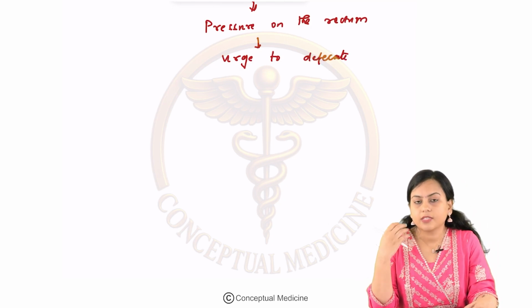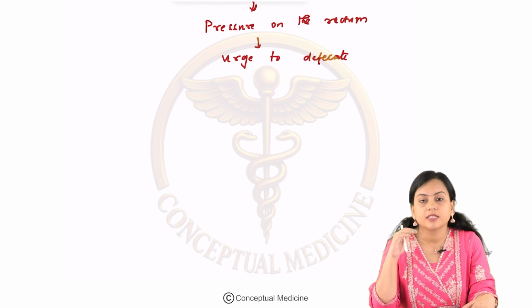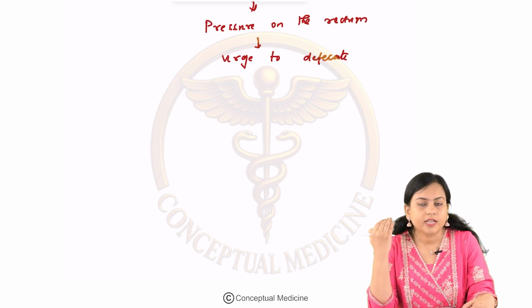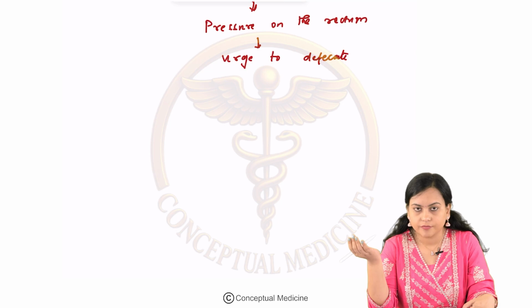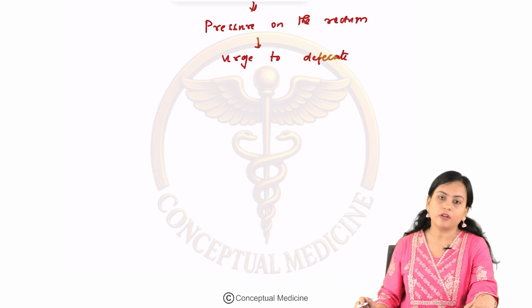Suppose there is a huge amount of blood loss that has happened due to the ruptured ectopic. What will it be leading to? It can also lead to hypovolemia, and signs of hypovolemia can also be present in a patient. That can include syncope or vertigo.